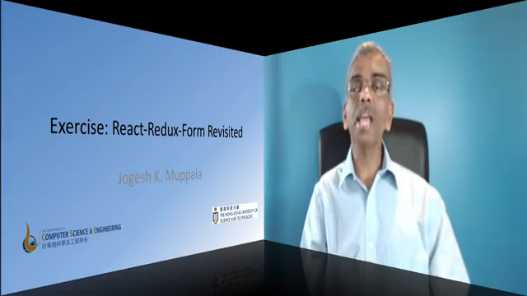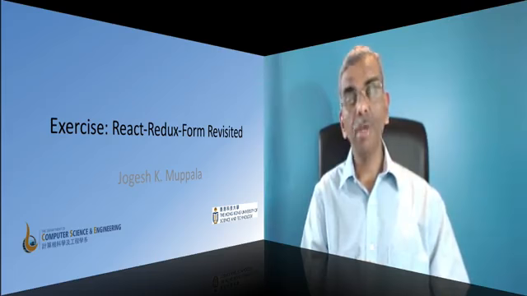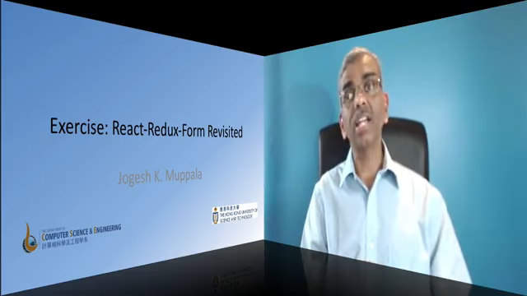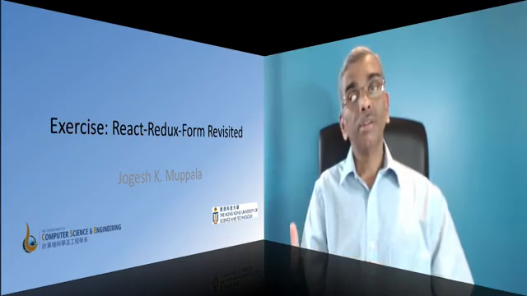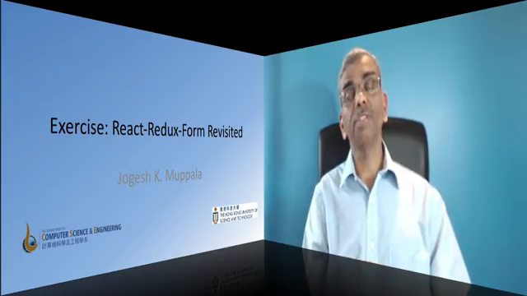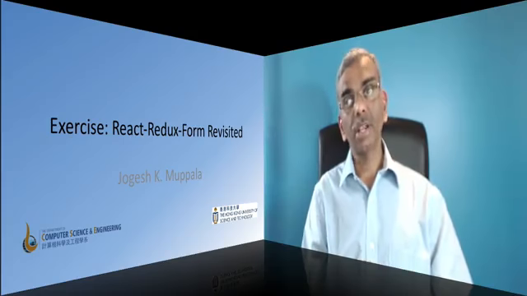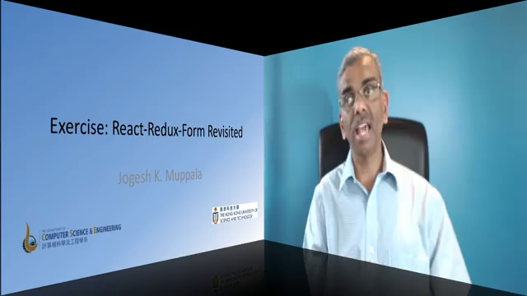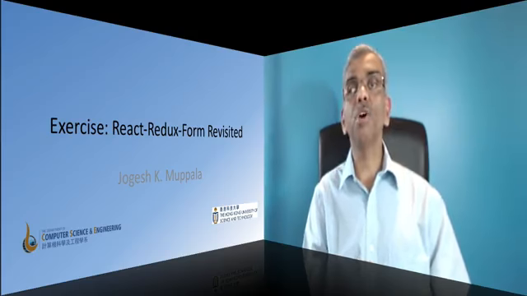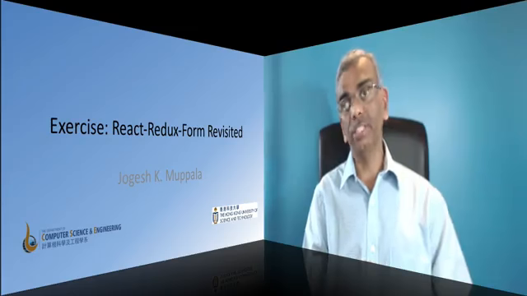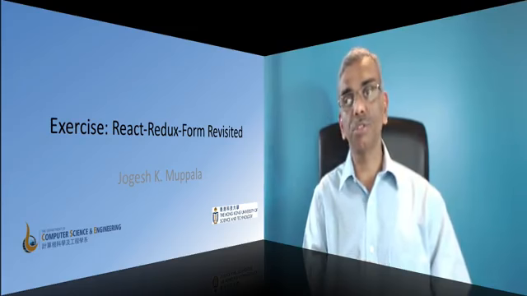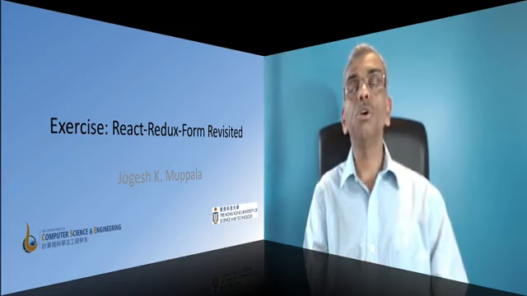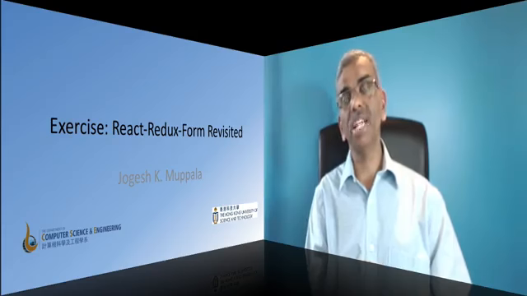Now, if we want to make use of the full power of the React Redux form, whereby the form state is persisted in the Redux store instead of in the component's state, then we need to update our form to make use of the regular form rather than the local form from the React Redux form. So in this exercise, we will go ahead and update our application in the contact component, the React Redux form that we introduced there, to enable us to make use of the full power of React Redux form.